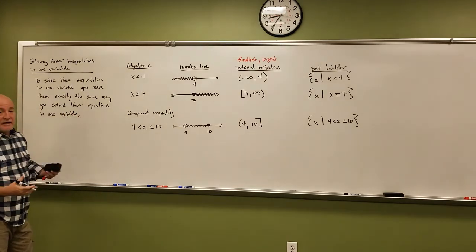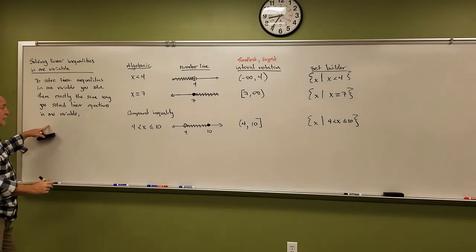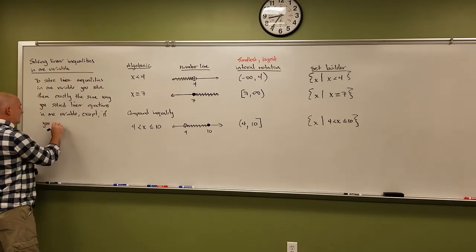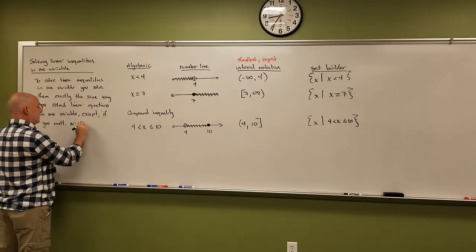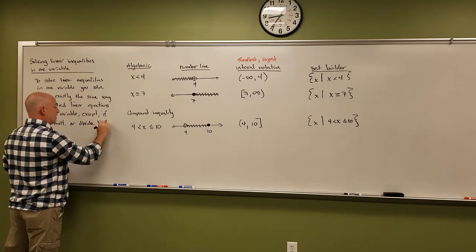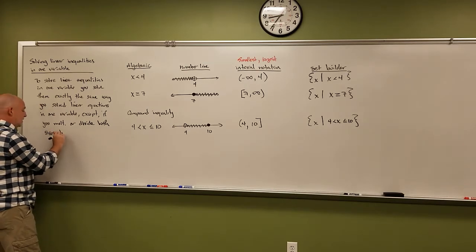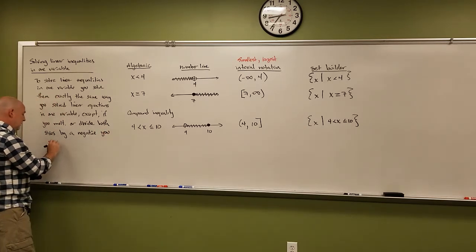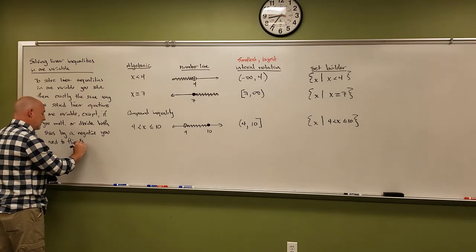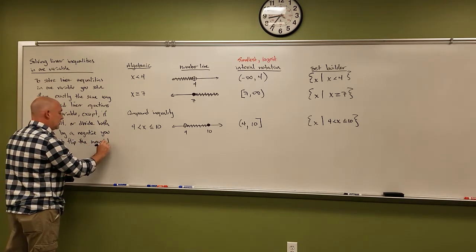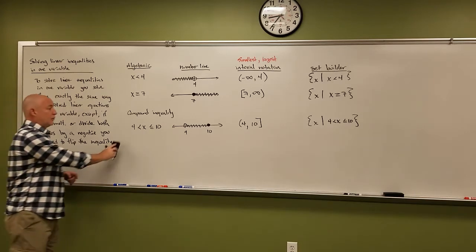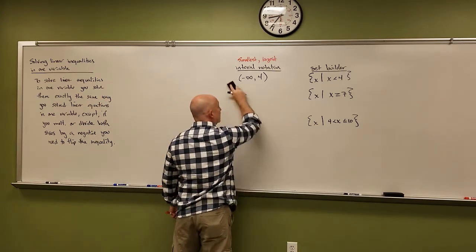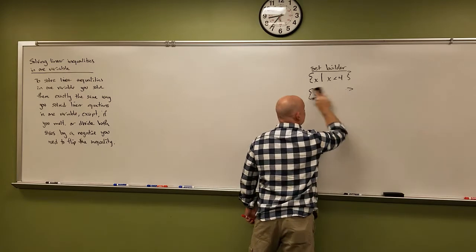So the good news is we're going to follow the exact same series of steps we did for linear equations in one variable, except if you multiply or divide both sides by a negative, you need to flip the inequality. Okay, so we're going to use the same steps we used for solving linear equations, except if we multiply or divide both sides by a negative, we're going to flip over that inequality.